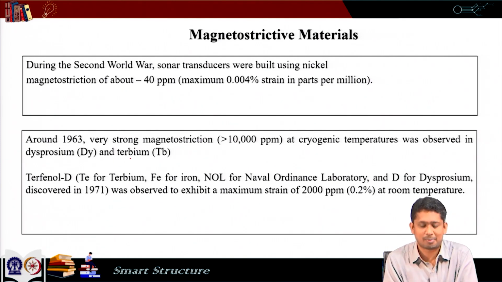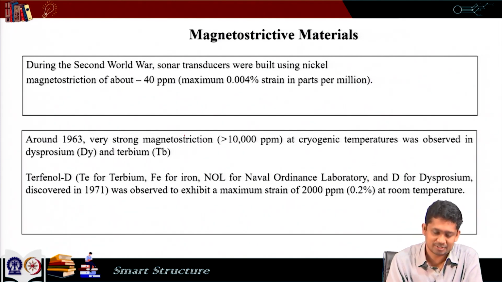So, there was a good amount of research in finding materials which show high magnetostriction. However, although the magnetostriction was high, it was at cryogenic temperatures. So, then there is another material, Terfenol-D, where magnetostriction of 2000 ppm is observed at room temperature.